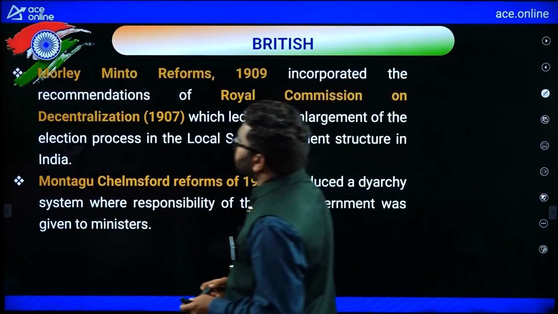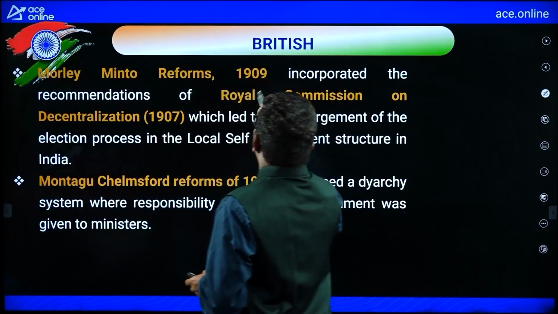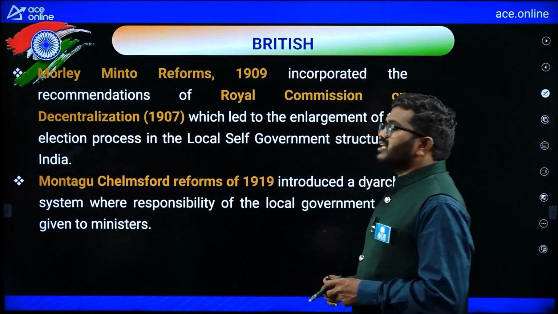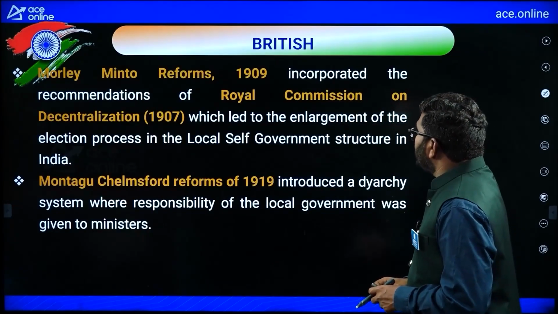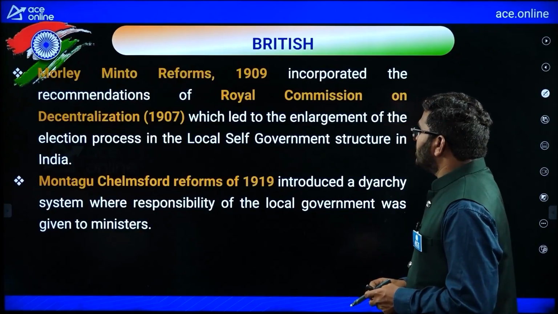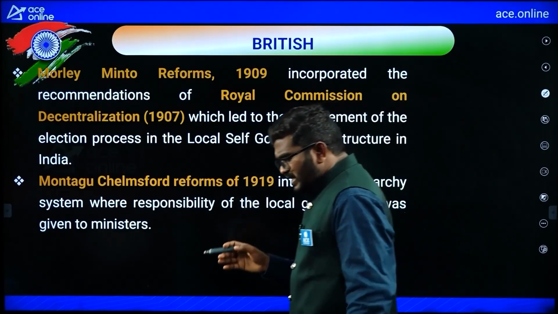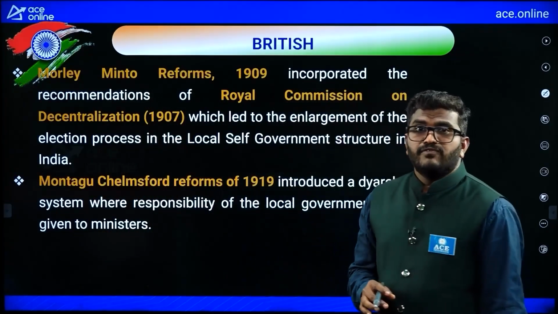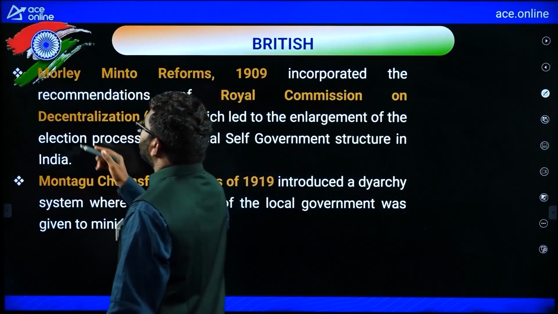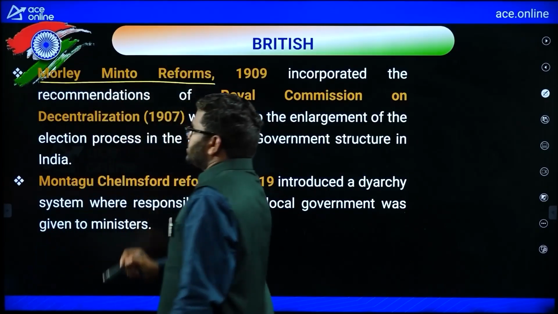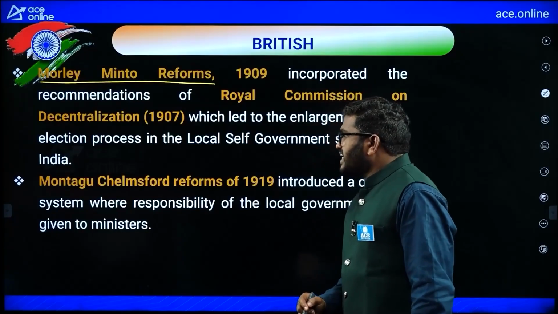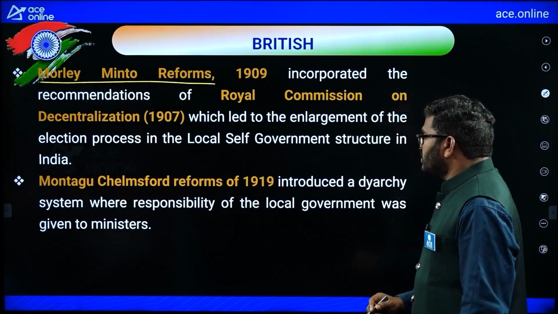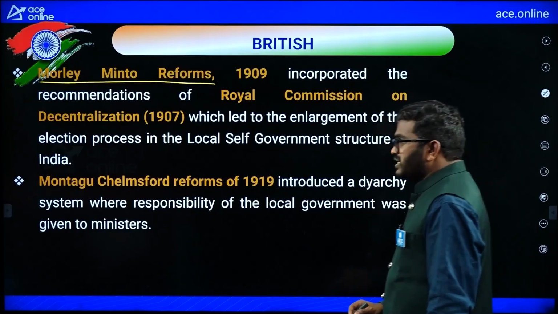And also, see here, the Morley-Minto Reforms 1909 incorporated the recommendations of the Royal Commission on Decentralization, which led to the enlargement of the election process in the local self-government structure in India. At the village level, there must be local elections for local representatives. The Montague-Chelmsford Reforms 1919 introduced a diarchy system in which responsibility for local government was given to the ministers.